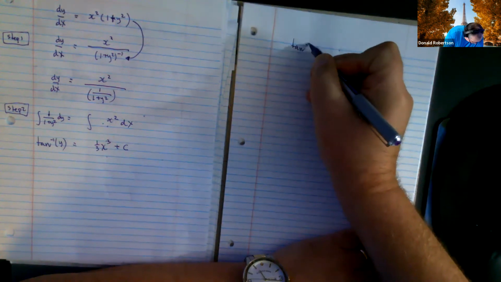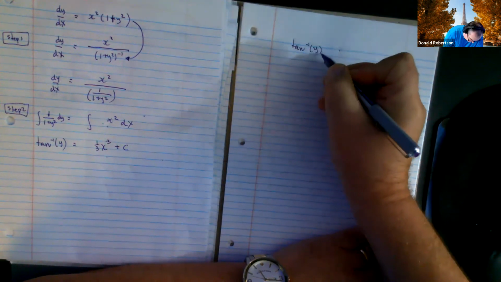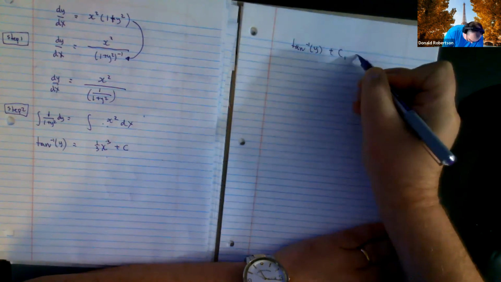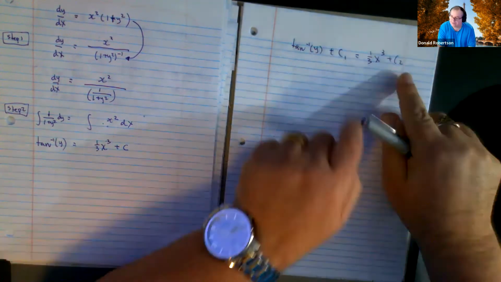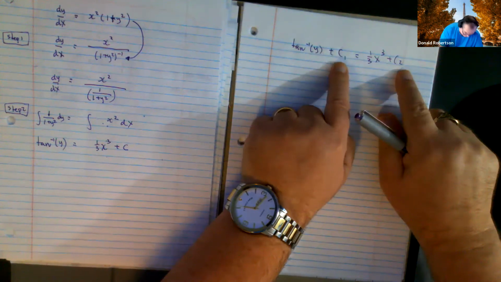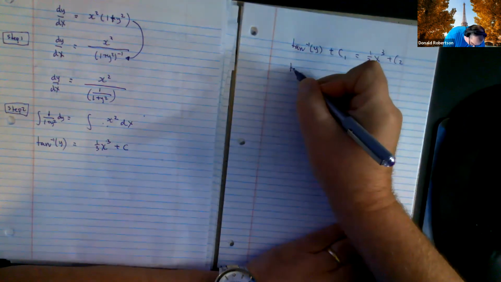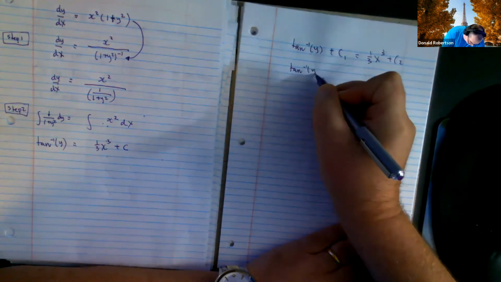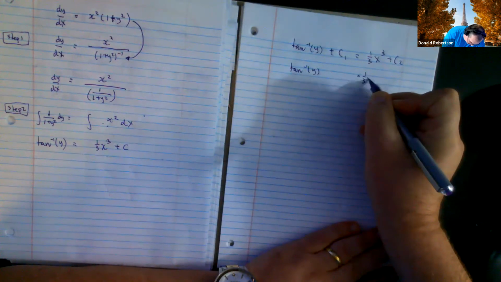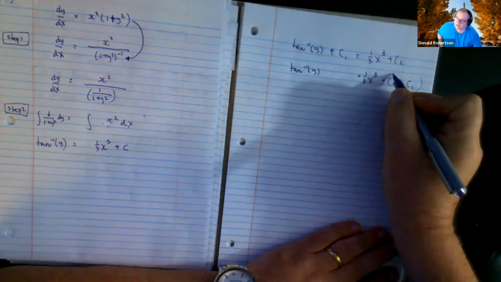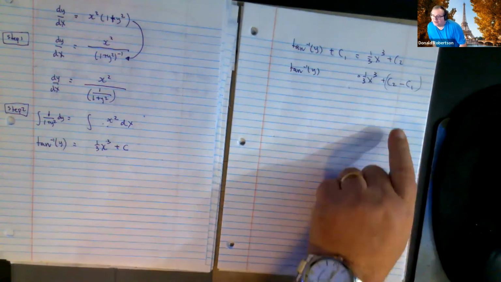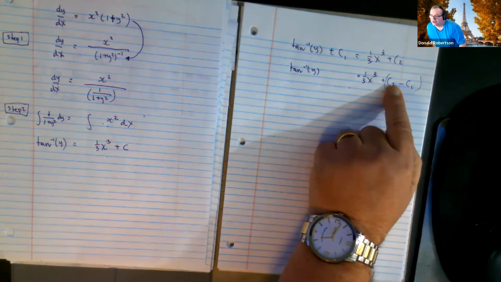I could have written plus c1 and 1/3 x cubed plus c2. Wouldn't I have to call them different because they could be different arbitrary constants? Now, if I rearrange this, wouldn't I get 1/3 x cubed plus c2 take away c1? Agreed? Now, aren't these placeholders for numbers I don't know? Arbitrary constants. I don't know who c2 is.